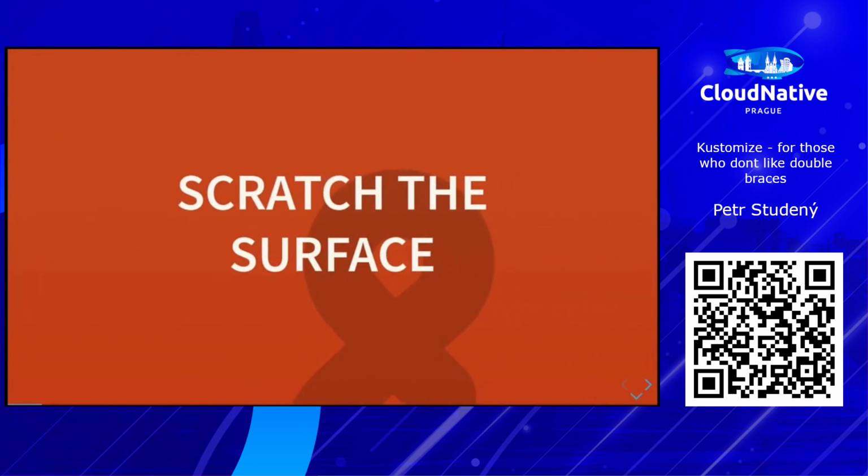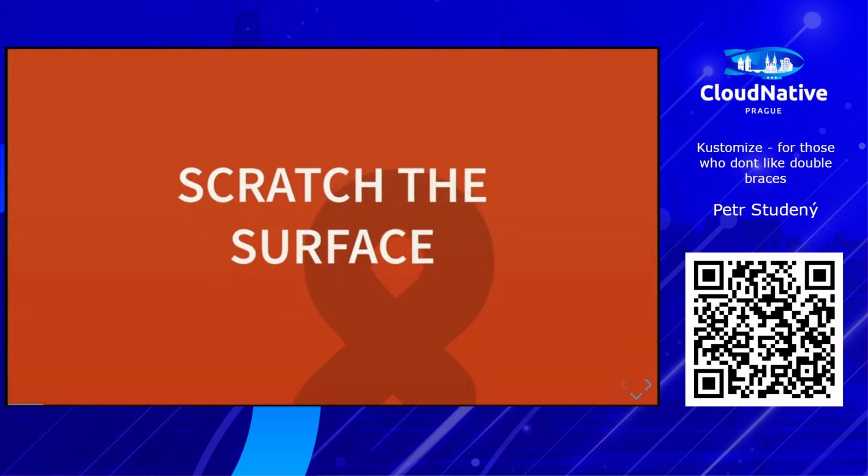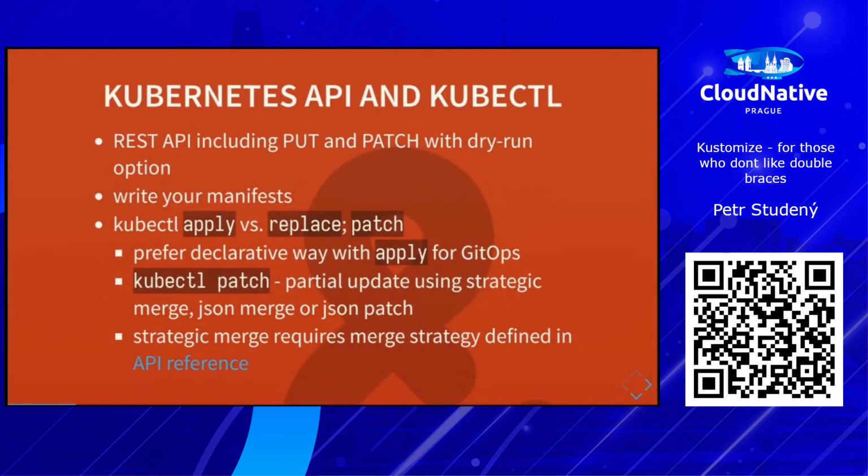So first, we will just scratch the surface to know how Kubernetes works and how you communicate with it. To communicate with Kubernetes, you need the Kubernetes API, and everything that you want to do with the cluster must be done through the Kubernetes API. And there is the kubectl tool, which is the foundation tool that is used.